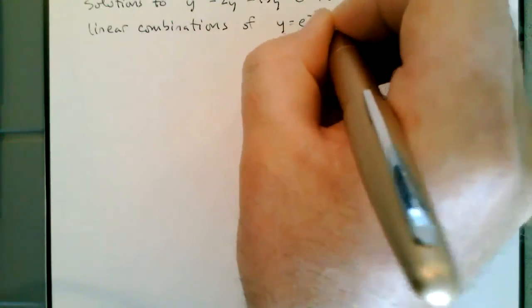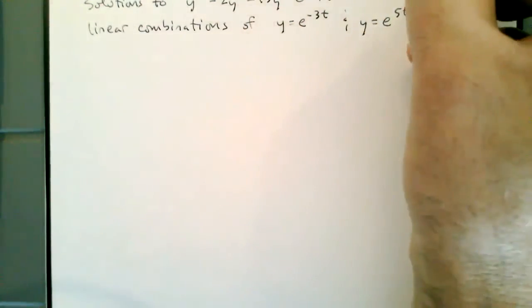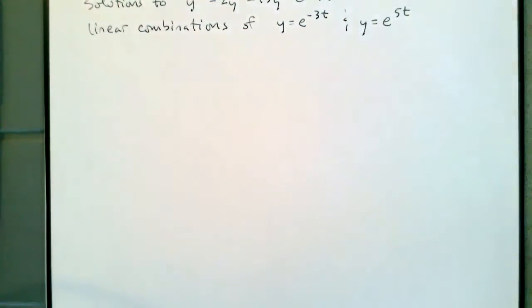So solutions to y double prime minus 2y prime minus 15y equals 0 must be linear combinations, there's a new term, of these two, y equals e to the -3t and y equals e to the 5t. Oops.